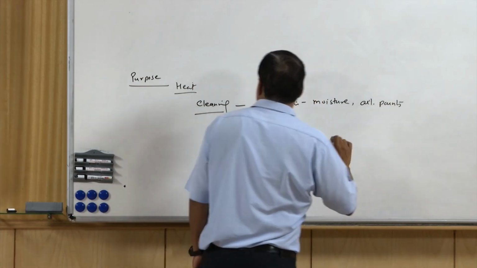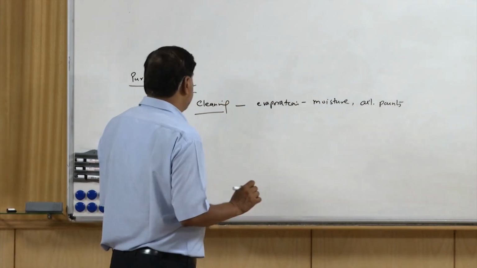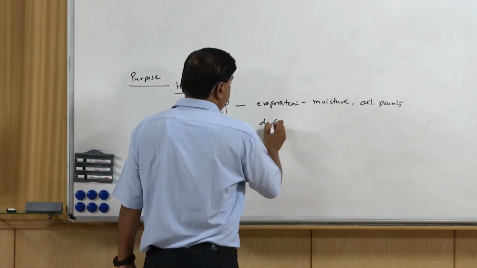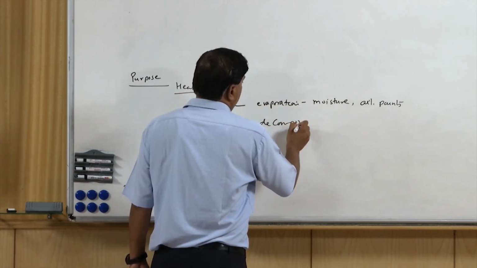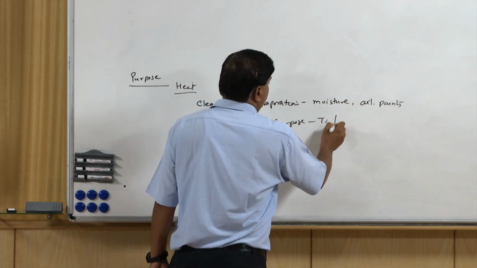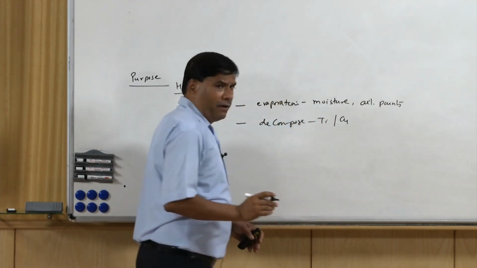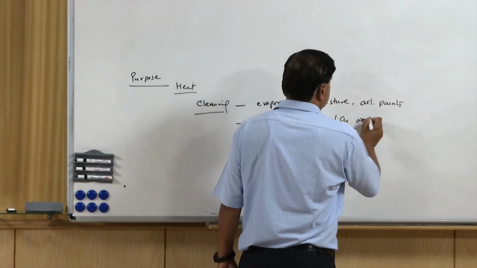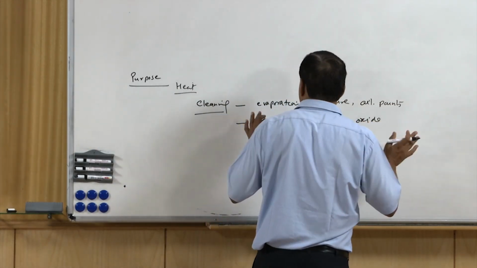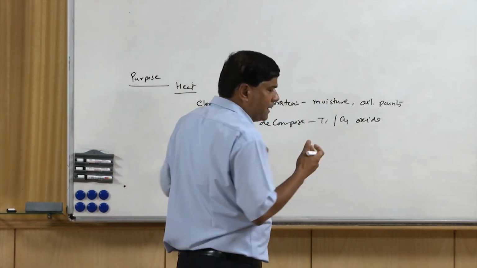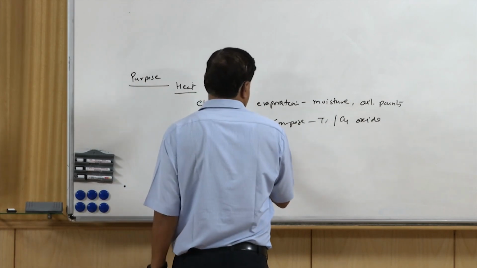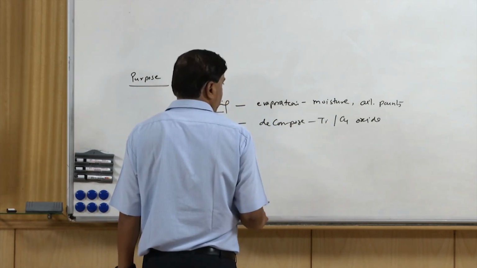All these things get evaporated. At the same time, some of the things get decomposed, like some of the oxides of titanium and copper oxides. Oxides get decomposed, destabilized, and they can be easily removed from the surface.